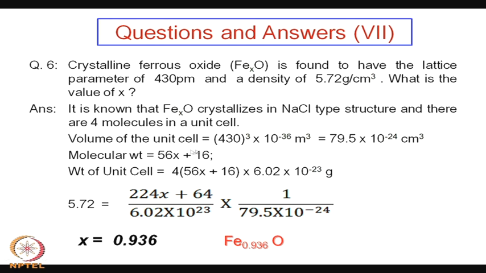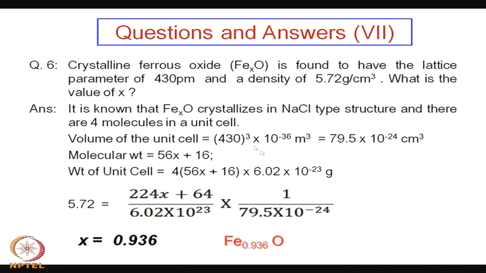So, the volume of the unit cell, because the lattice parameter has been given, and this is a cubic structure, FCC kind of structure, is 430 cube, and that is nothing but 79.5 times 10 to the minus 24 centimeter cube. That was picometer, and if you convert them, it will come to 10 to the minus 24 centimeter cube.